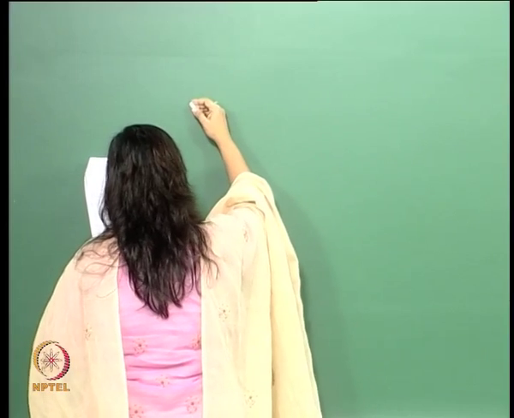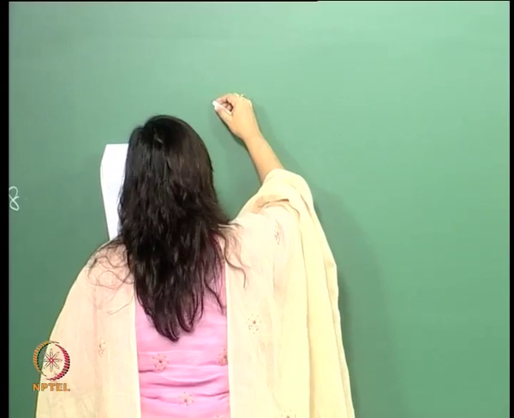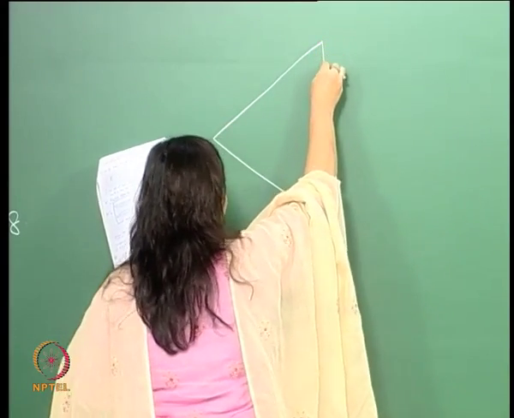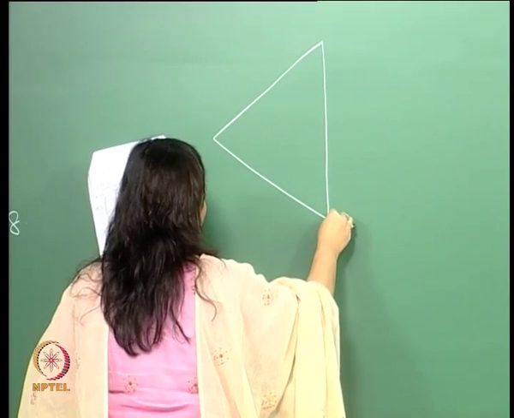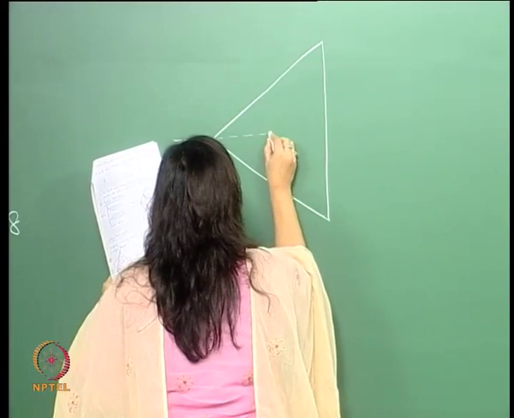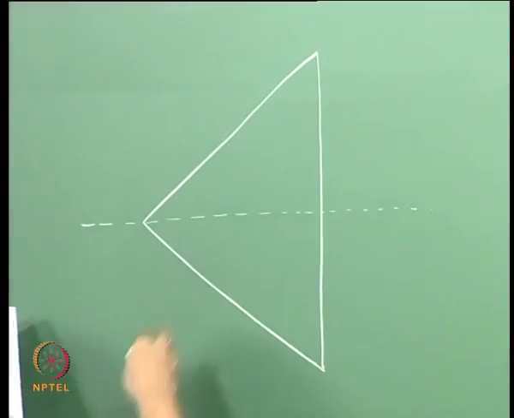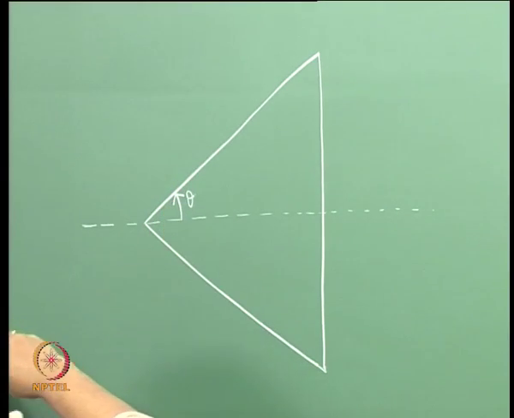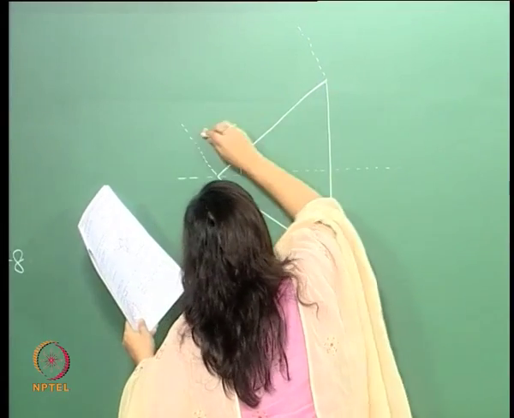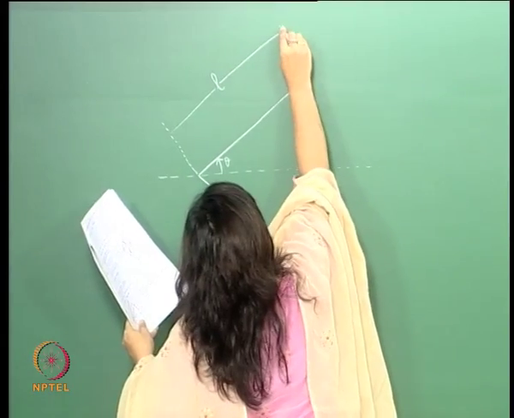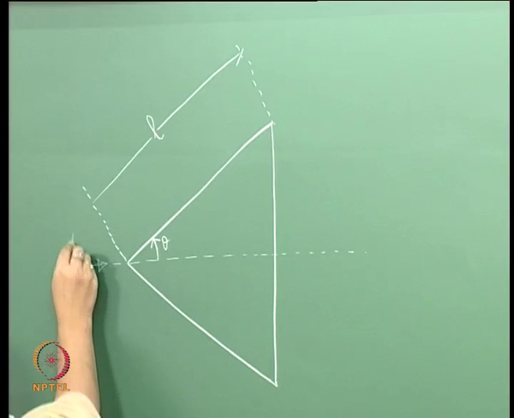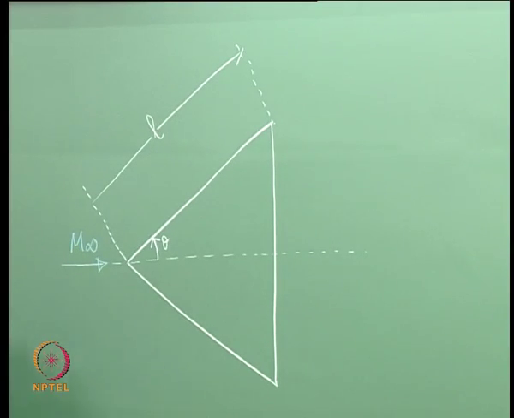So essentially, if you have, say, this is theta, and I'm going to call this length L, and we have an incoming Mach number.